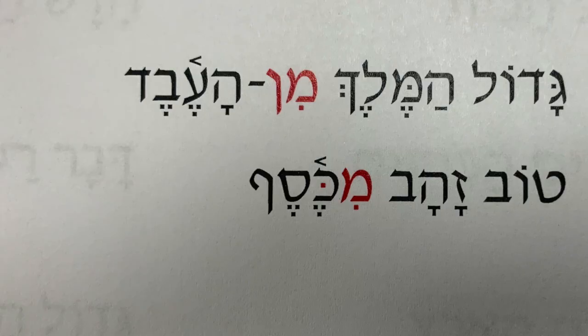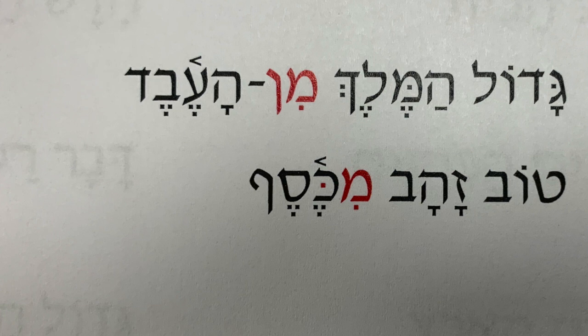So in Hebrew, you might read this, Gadol HaMelech min ha-eved. So we've got great is the king from the servant. Now, if you remember our lesson on min, it can be than. So if you translate it than, you've got to show that it's comparative.